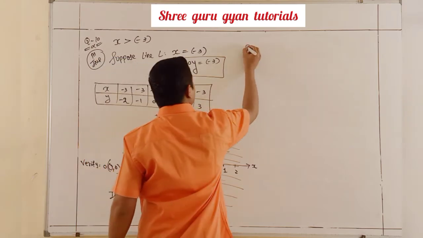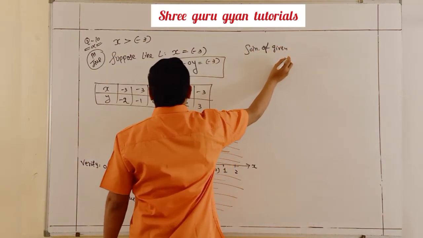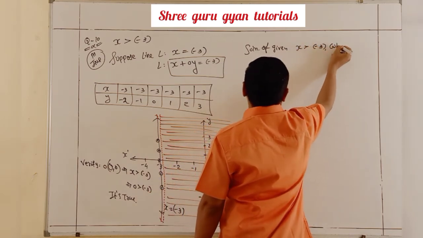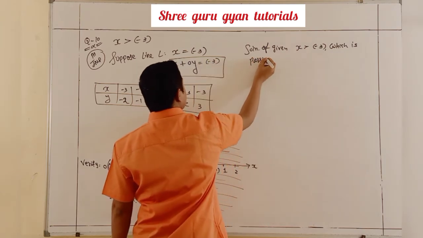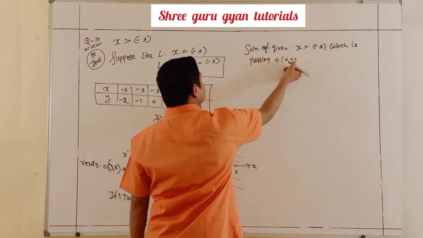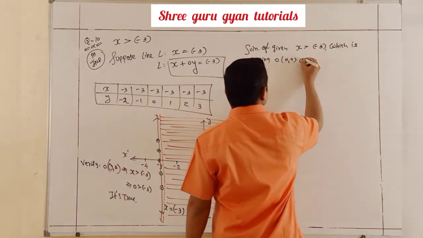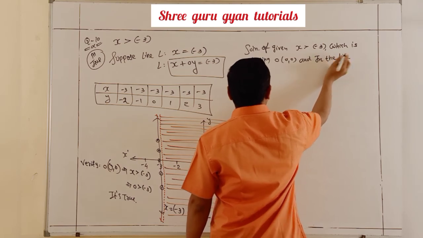So, the solution of the given inequality x more than minus 3 is passing through origin. Yes. And what is your line?